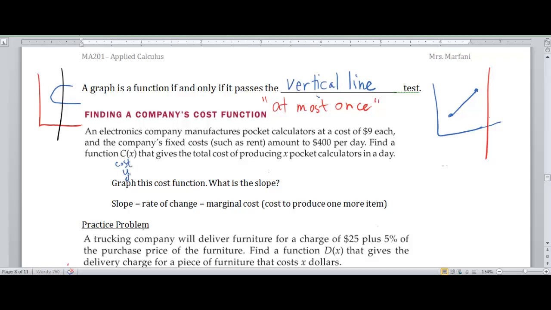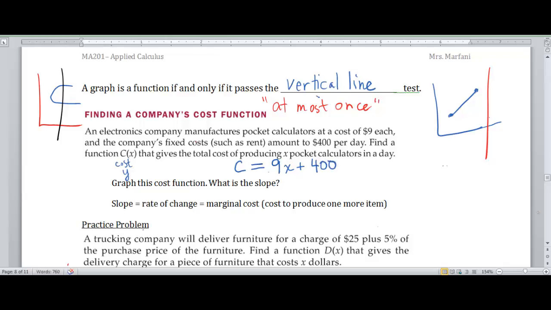Okay, that's the Y value to produce X pocket calculators. So that's the X value. So instead of saying Y equals, I want C equals.